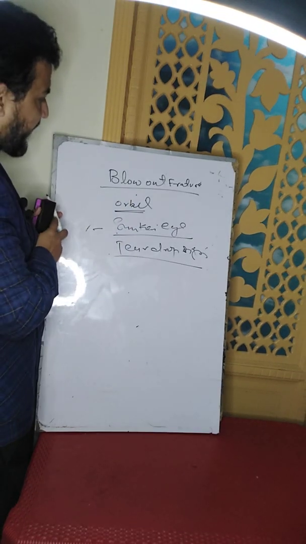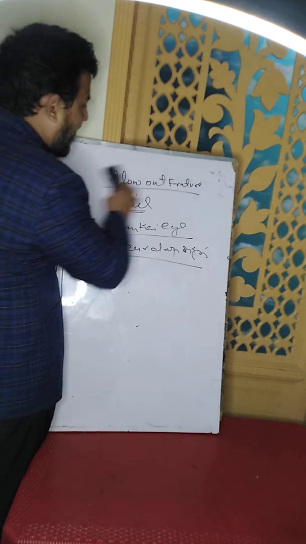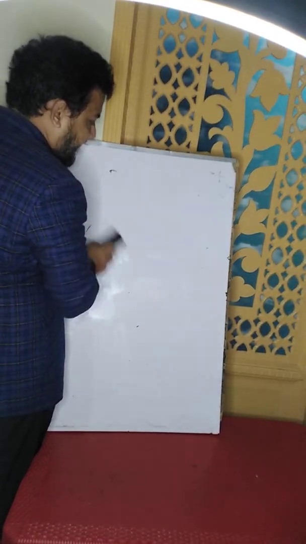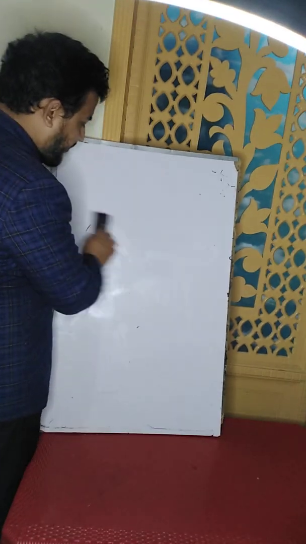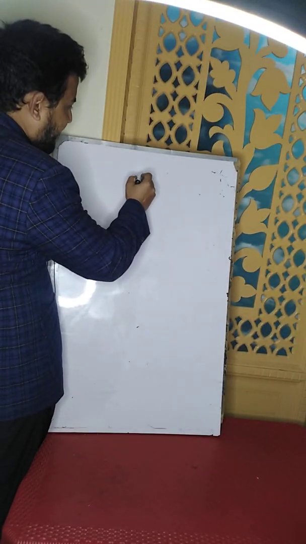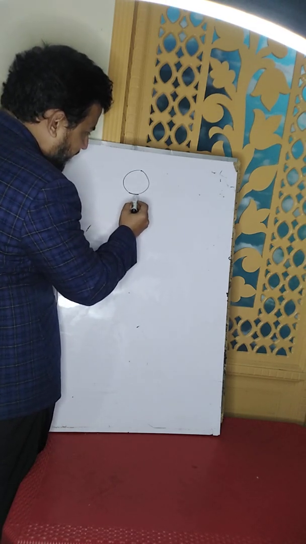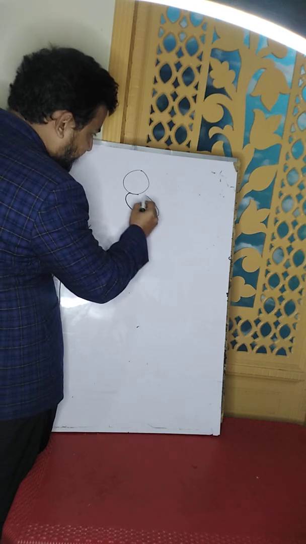So first of all, I will discuss what blowout fractures are and how we can say that a fracture is actually a blowout fracture. In the orbit, the orbital floor makes the roof of the maxillary sinus.